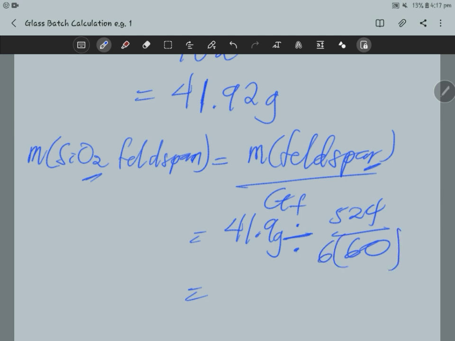Take note of that. Get 524 over 60 times 6, right? That gives us 28.786 grams.